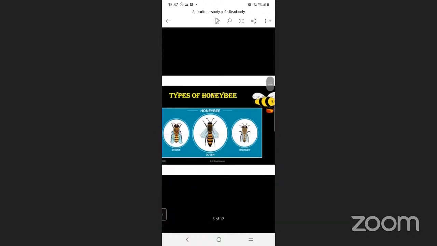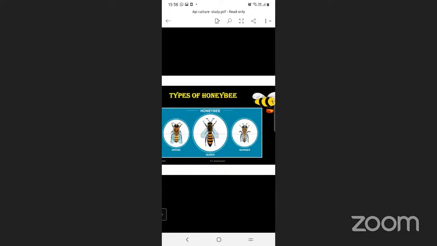When we see the types of honeybees, there are three types living in one colony: the drones, the queen bee, and the workers. Drone means male, and queen means female.